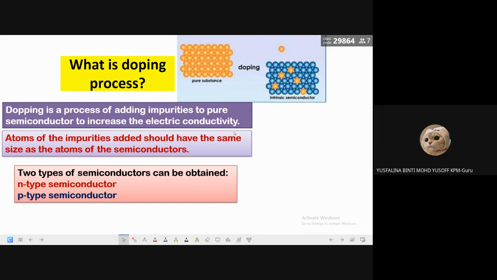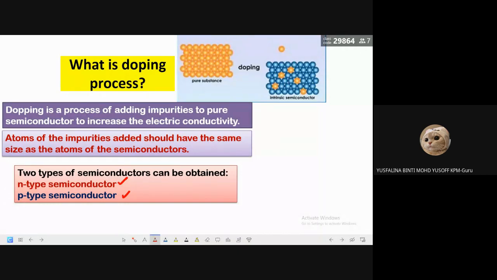When we do the doping process, after we finish, you will get N-type semiconductor and also P-type semiconductor. So you will get two types of semiconductor after you finish the doping process.